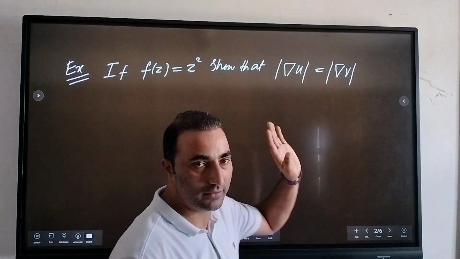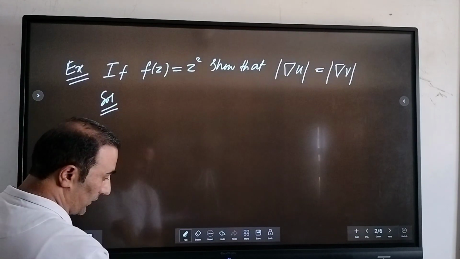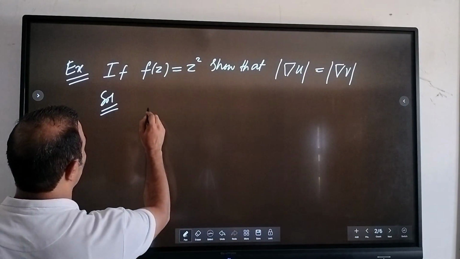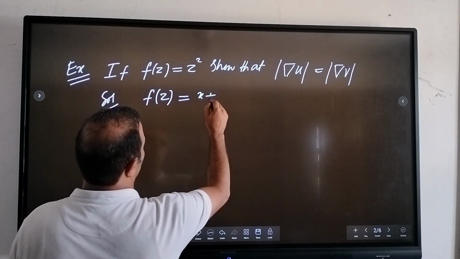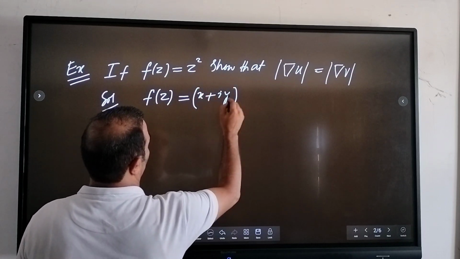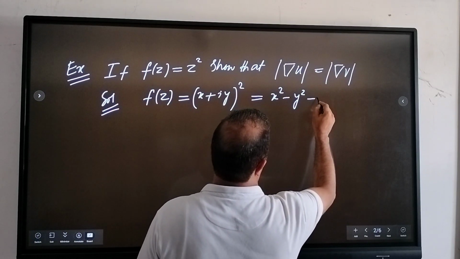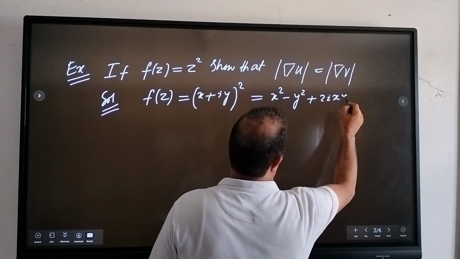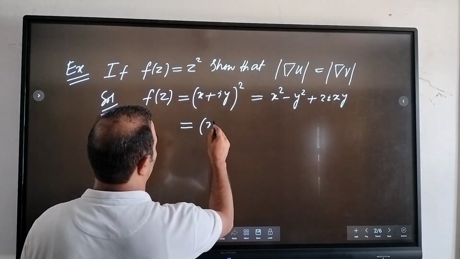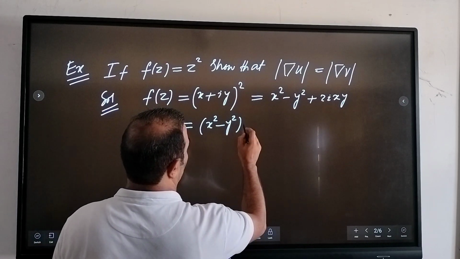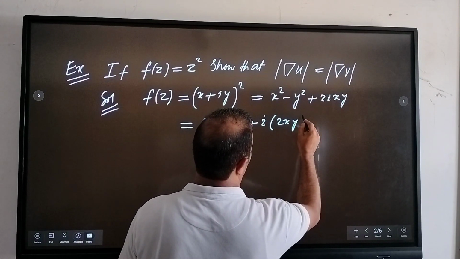So this is very easy, right? Because if this is an analytic function, we can write that f of z will be equal to x plus iota y, all squared.